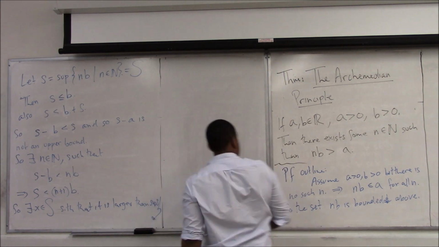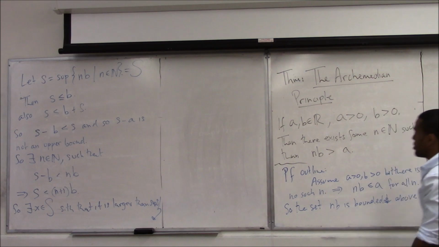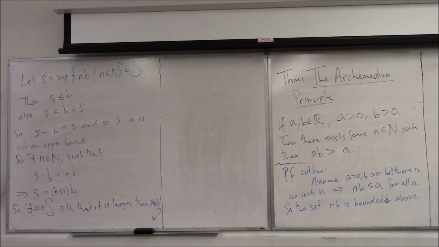The Archimedean property, this is used all over the place. It's super useful, especially when you're starting at the beginning of number theory and building up the real numbers and all the properties that you know and love from algebra class. This is one of the guys that gets you very far. And you can prove it using the completeness axiom.